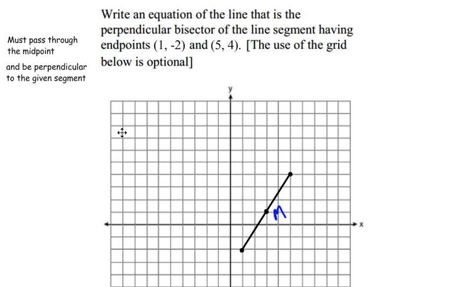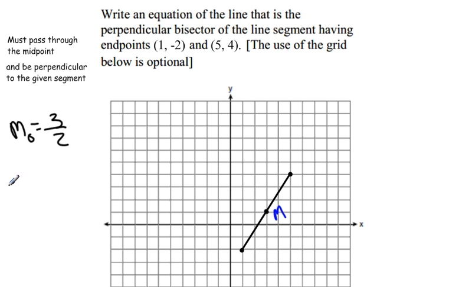So, what would be the slope of the perpendicular bisector? I have to think a little bit. What's the slope of the original line? Well, let's see, it's 3 over 2. So how I got that, the slope of the original line, it goes up 1, 2, 3 over 2. What would be the slope of the perpendicular bisector?